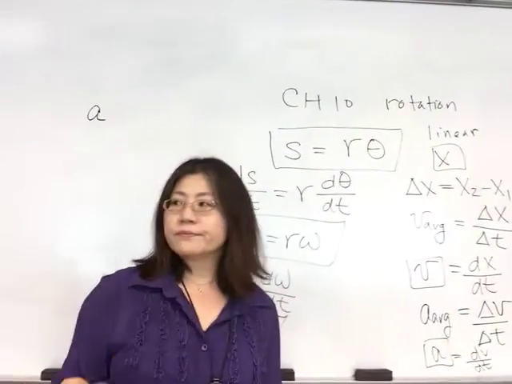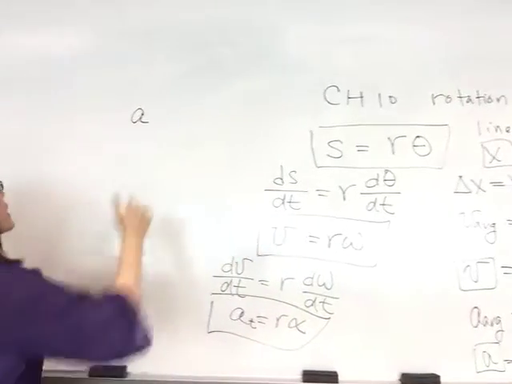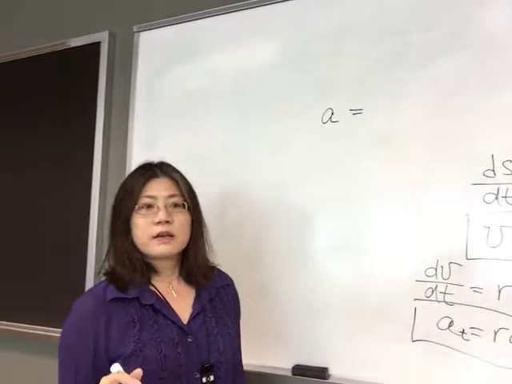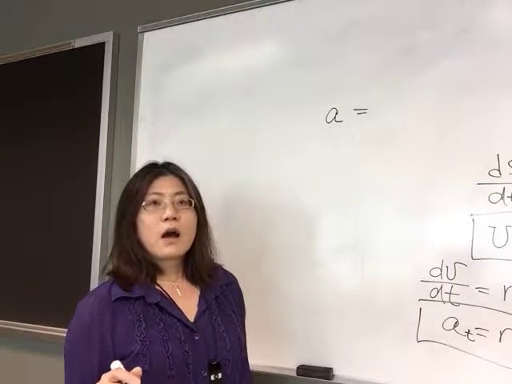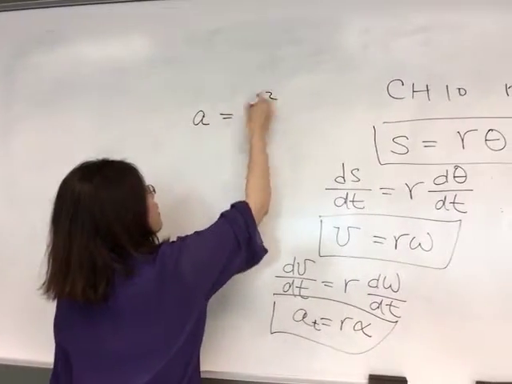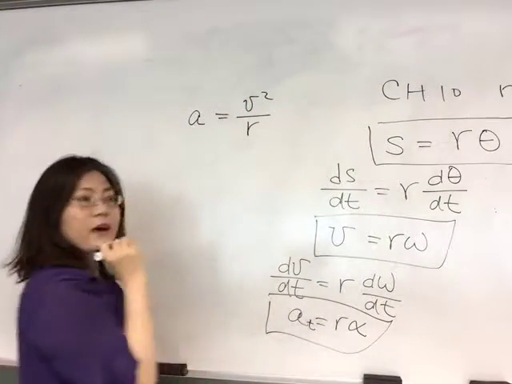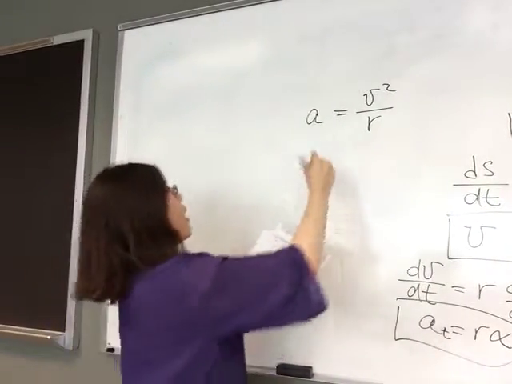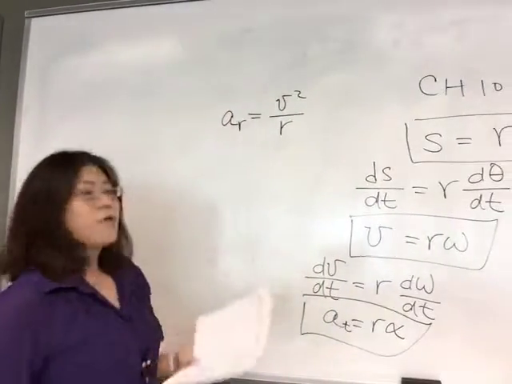Centripetal acceleration. And how do we find it? Is that just v squared over r? Right, yeah, so this is what we call the radial component of the acceleration.